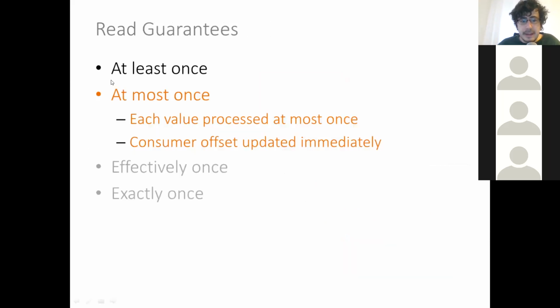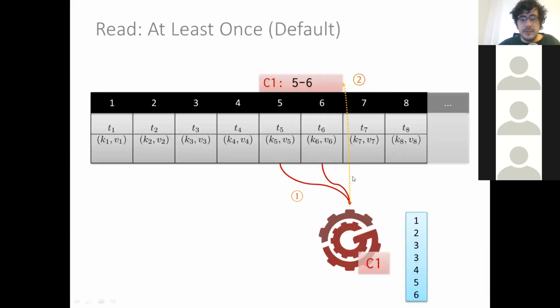A second guarantee is at most once, where we guarantee that each value will be processed at most once. The failure is when, for example, the 3 partitions fail to deliver the data. It could be a network error, or some other type of error. It could even be a consumer error.